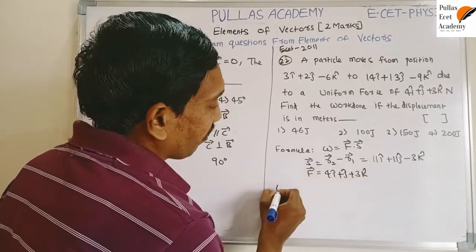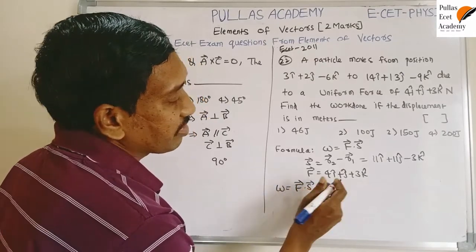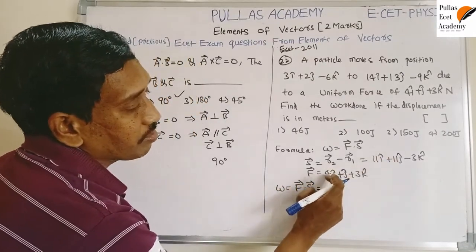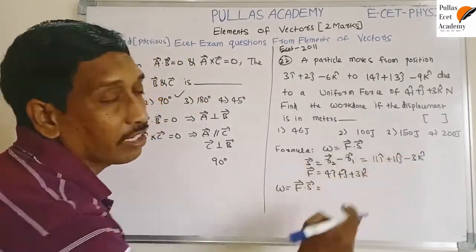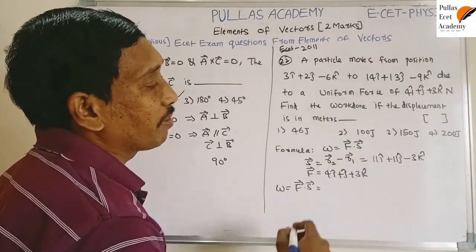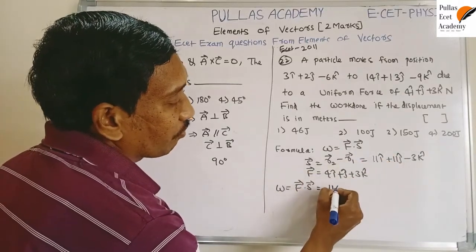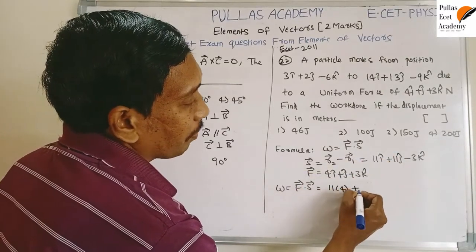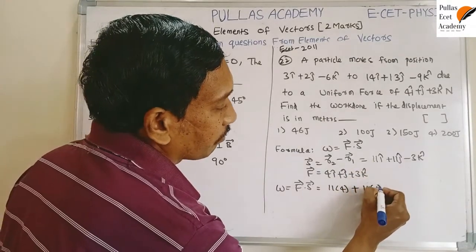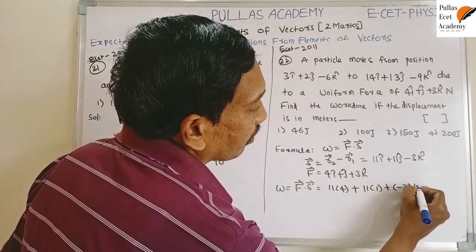Now we need work done, which is equal to the scalar product of force and displacement. In the scalar product, take the i dot i terms, j dot j terms, k dot k terms; the remaining become 0. That's it, the sum of these values. That means 11 into 4, next plus 11 into 1, next minus 3 into 3.